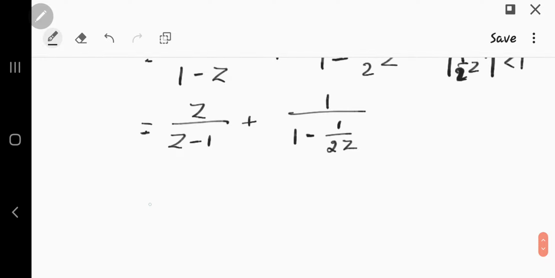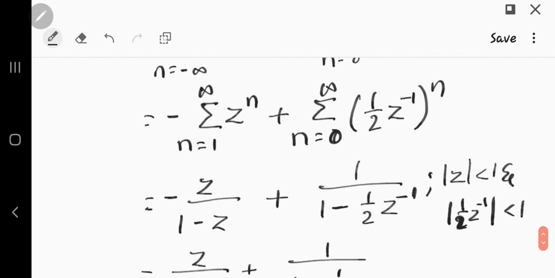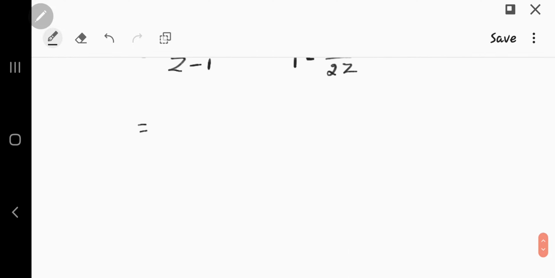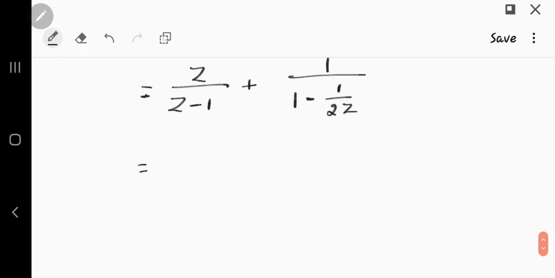Now let's keep on simplifying this term. Z divided by z minus 1. I think that is applicable for, is it for entire signal? No, just for this term. Now if you take the LCM of this, this one is 1 minus 2z is there.